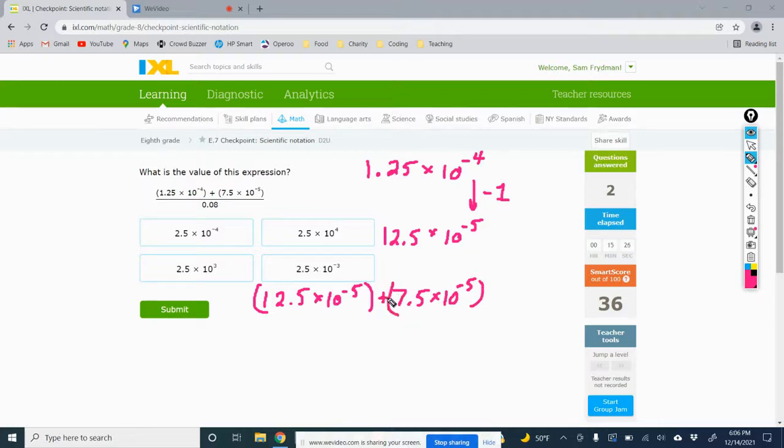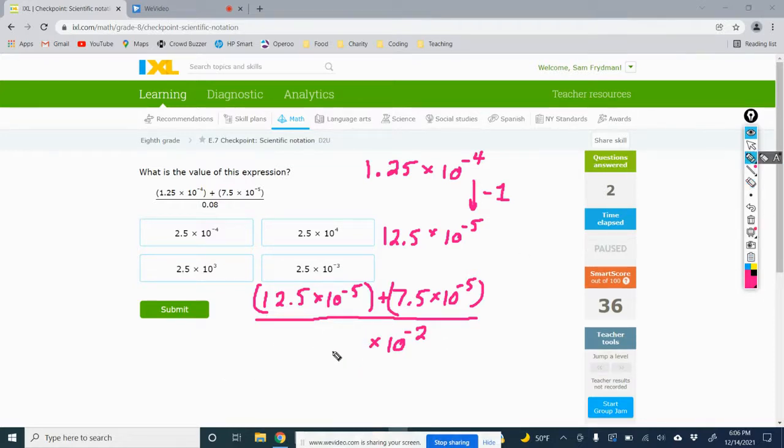And while we're at it, let's just convert this into scientific notation as well. 0.08 is the same thing as 8 times 10 to the -2nd. If there's a decimal here and we move it 2 spaces to the left, 1, 2, we get 0.08, same thing as over here. Okay, so this and this are really the same. We're just going to write that in scientific notation now because we're going to be doing that eventually anyway.